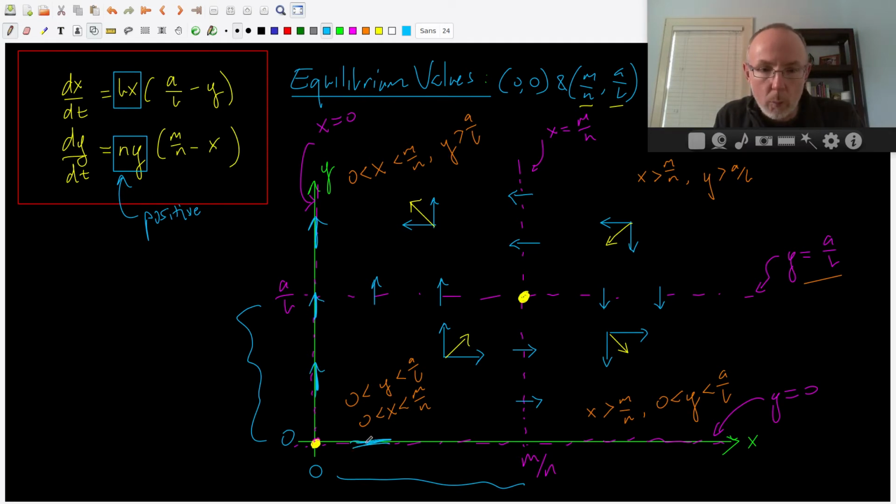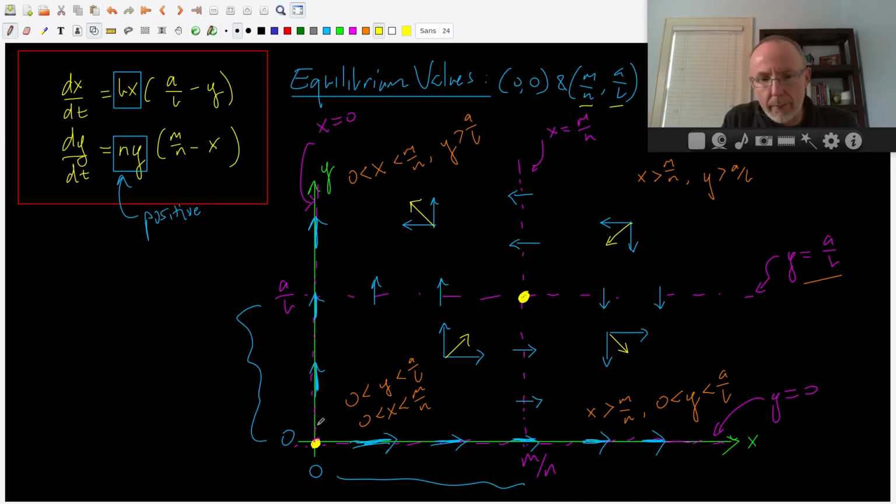Similarly, along this line, when y is equal to 0, x is the only thing that's changing. When y is equal to 0, this term drops out. Everything else is positive, so x is increasing along the line y equals 0. So hopefully you can see how this stuff would fit together.